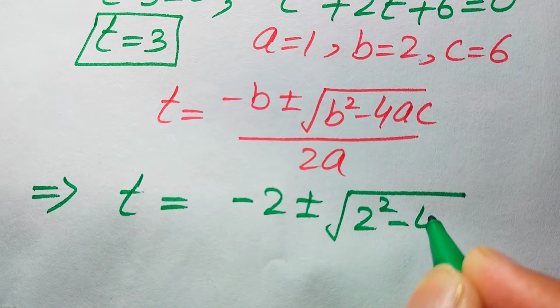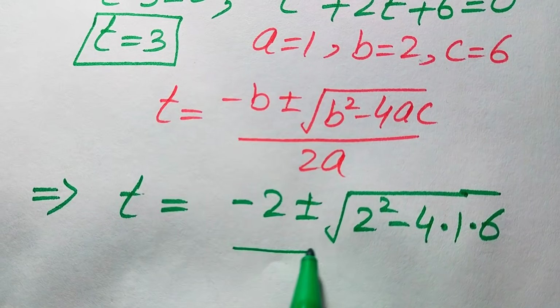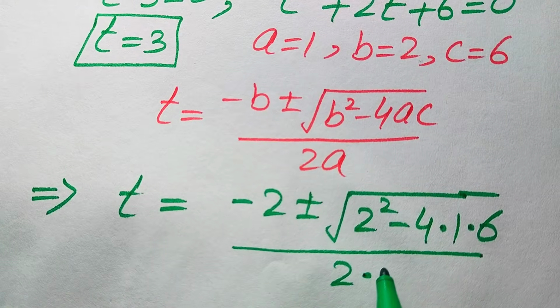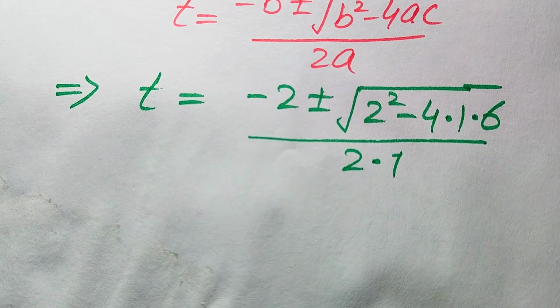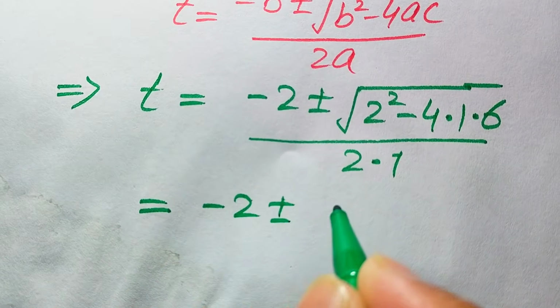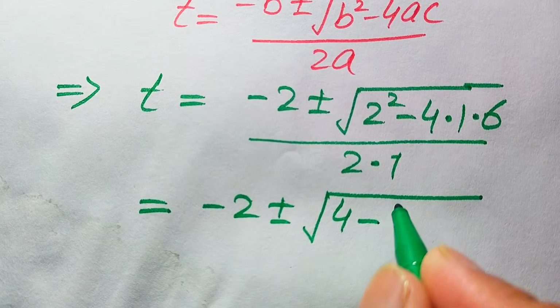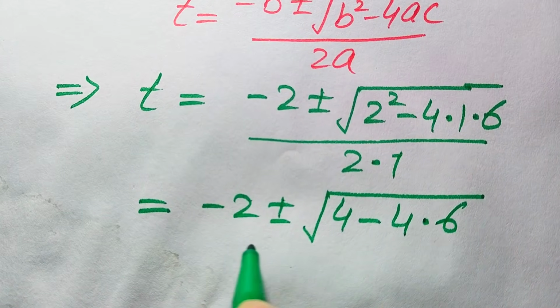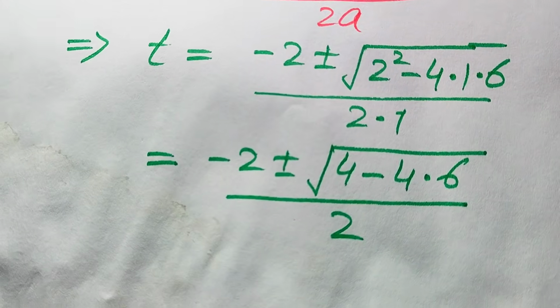B is 2 square minus 4 times of a is 1 and c is 6, and it is divided by 2 times of a, and here our a is equal to 1. So here we need more simplifications, and it will become minus 2 plus minus square root of this is 2 square becomes 4 minus 4 times of 6 divided by 2 times of 1 is equal to 2.